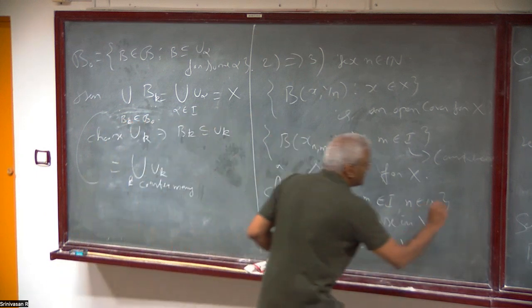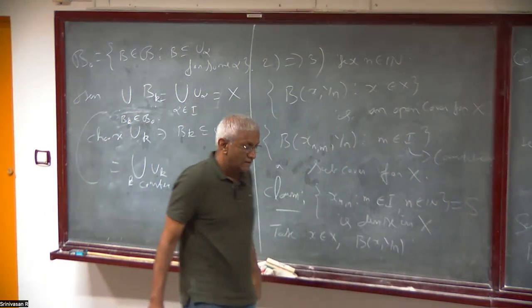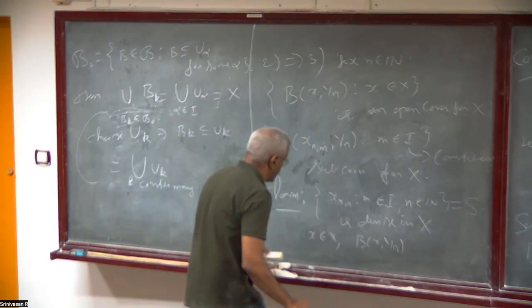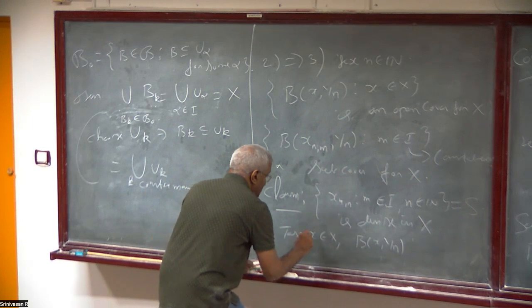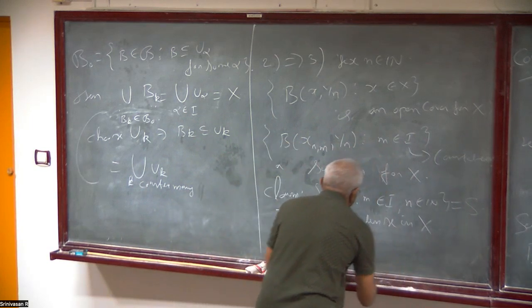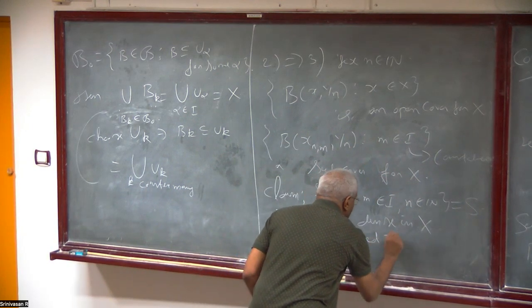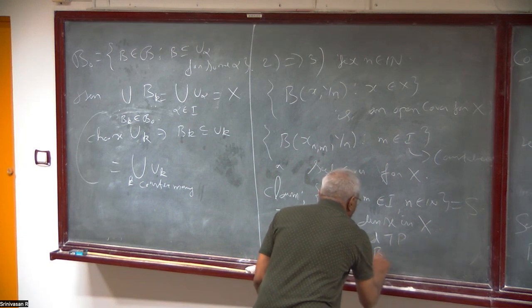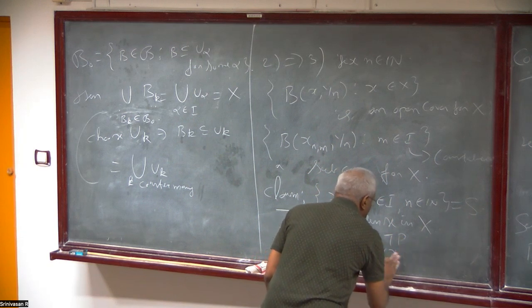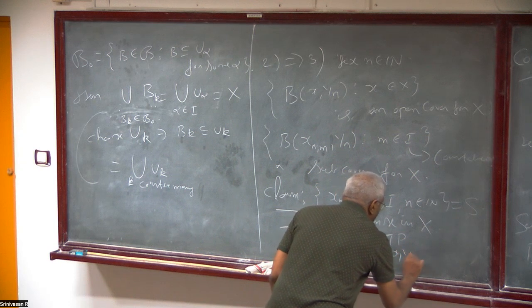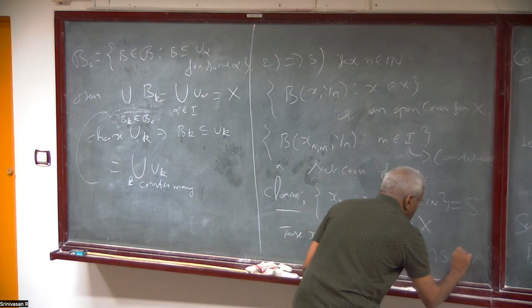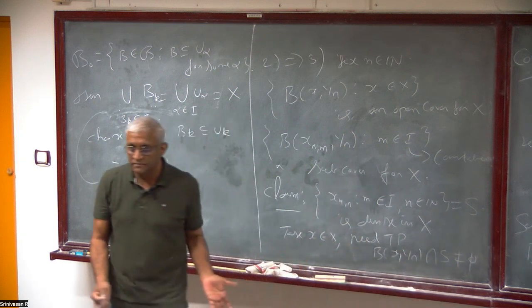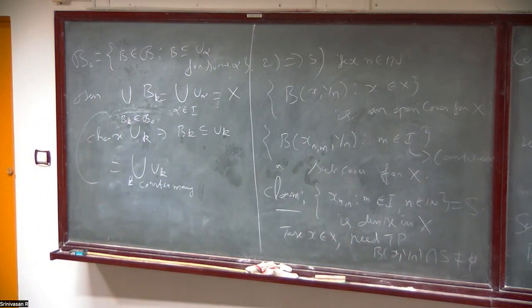Call it S. We need to prove, so for x in this, we need to prove that B(x, 1/n) intersection S is not equal to empty. That's what we have to prove. Correct? Just think about it.